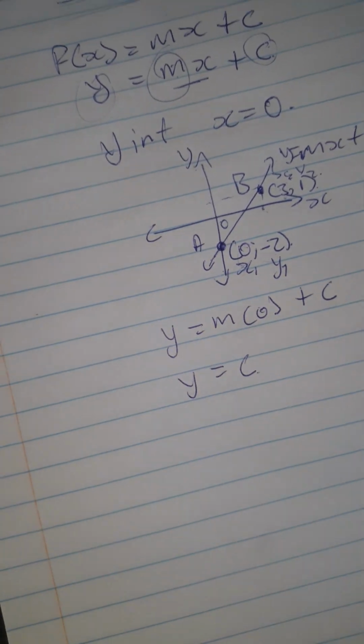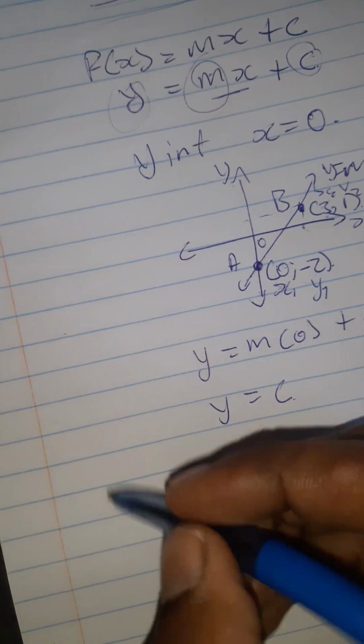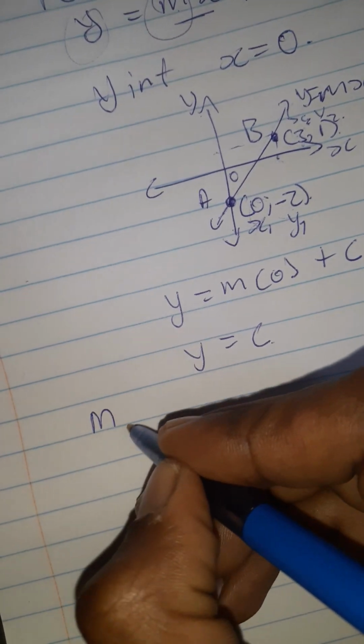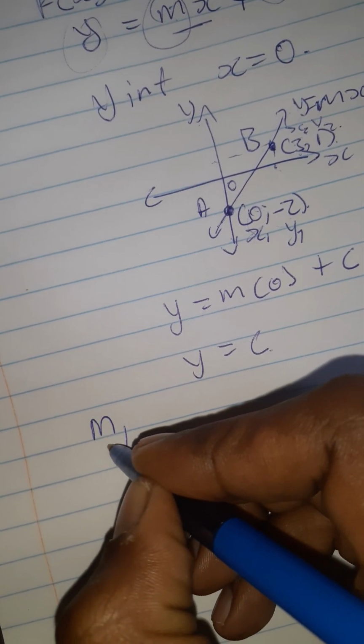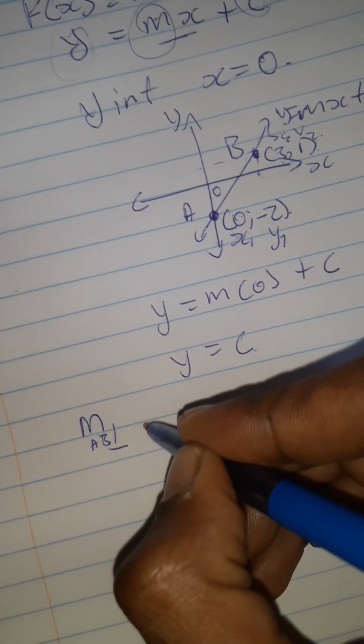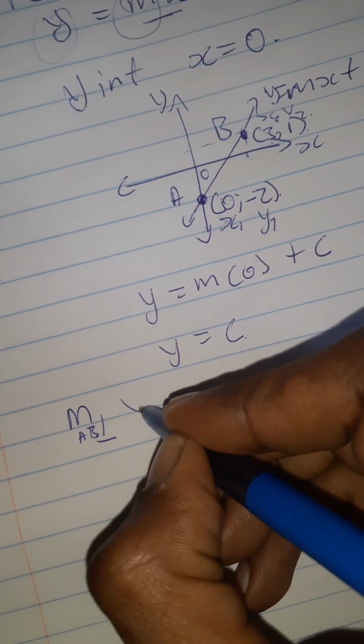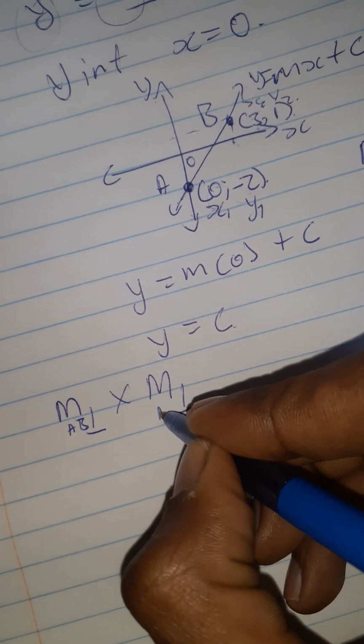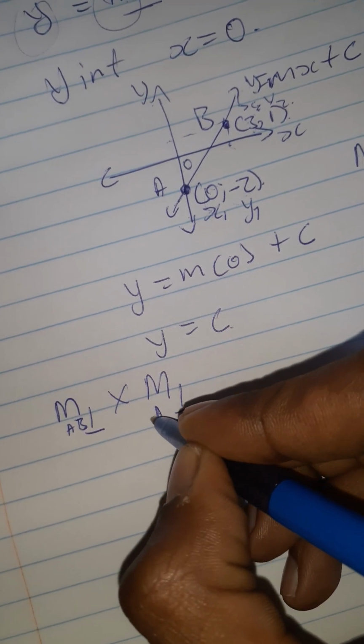Now, another fact that has been discovered in analytical geometry is about the gradients of perpendicular lines. Say you have the gradient of AB, which is perpendicular to the gradient of AD.